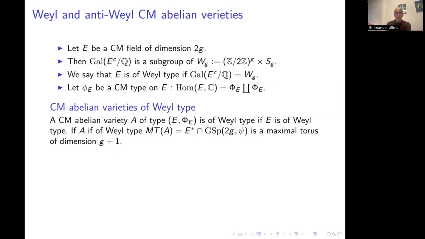And I will not be interested in Weil type abelian varieties because in this case, the Mumford-Tate group of a Weil type abelian variety is in fact maximal. And so in this kind of situation, the Hodge conjecture is known for this kind of abelian varieties, and you don't expect any algebraic relations between the periods of such a variety.